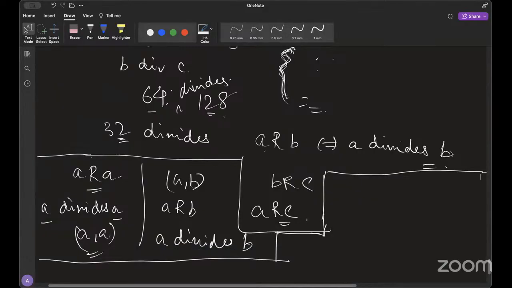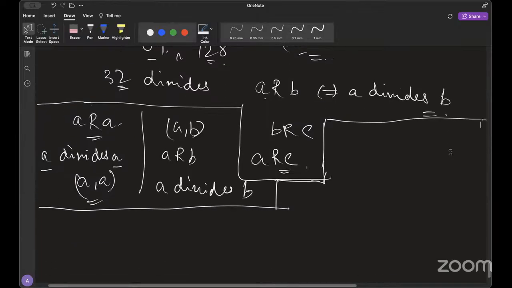Ma'am, in transitive, for every element we check the conditions: A divides B and B divides C, then A divides C. Yes, that's it. We have a proof for it.